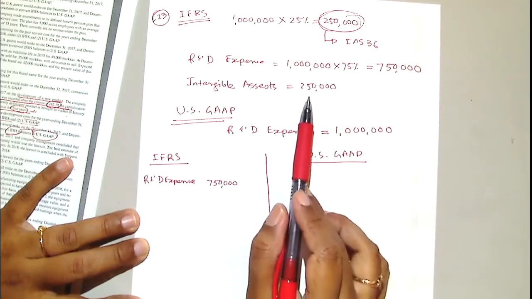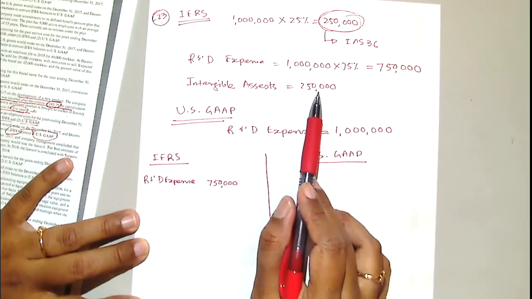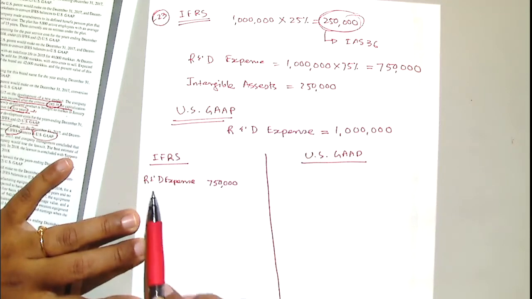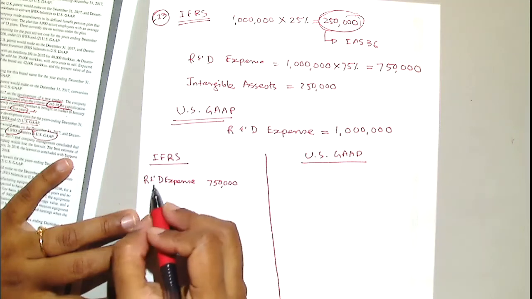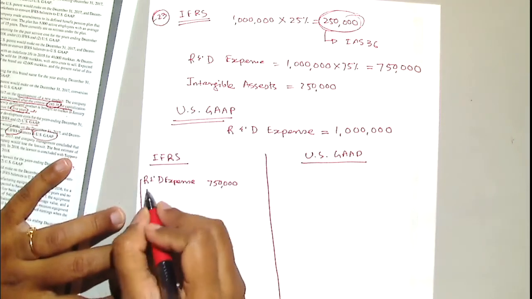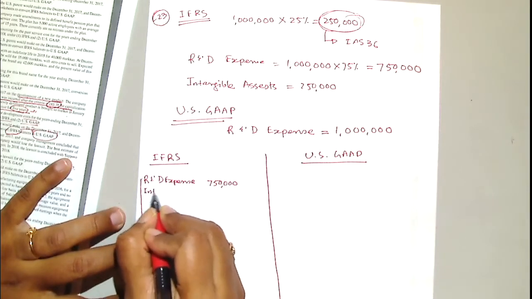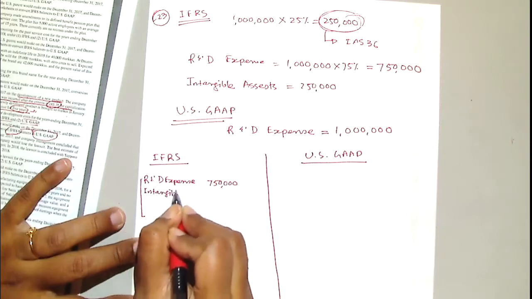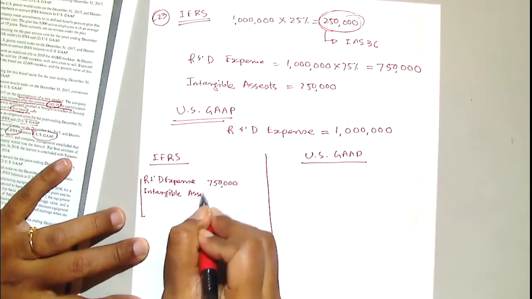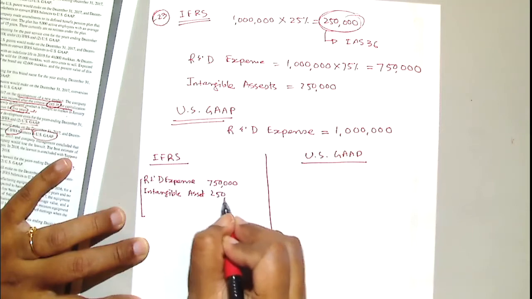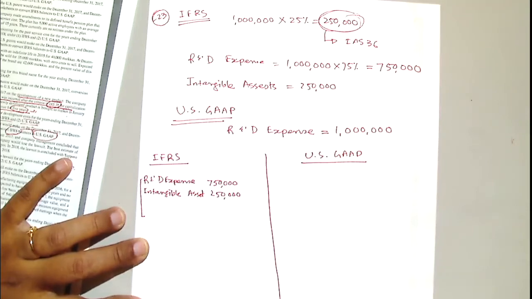And then you created these assets. So we debited R&D expense. Now we will debit these intangible assets. So the rest we will debit as an asset, intangible asset, which is 250. And we assume you paid cash.